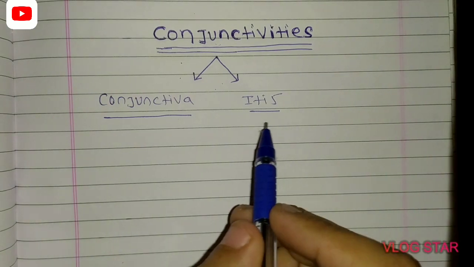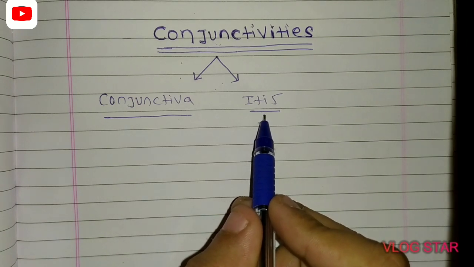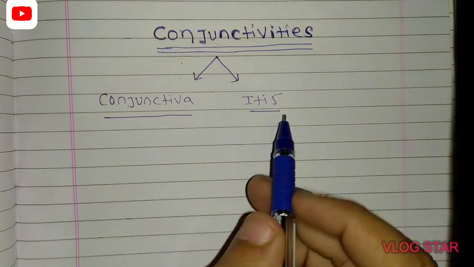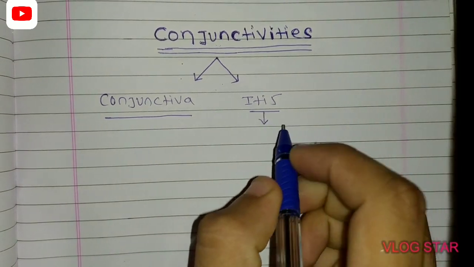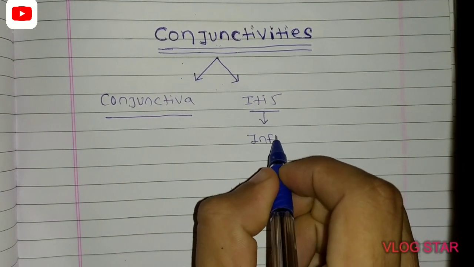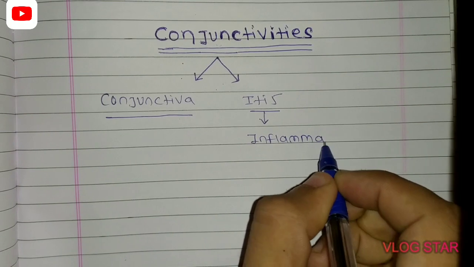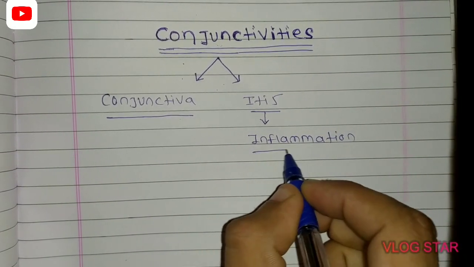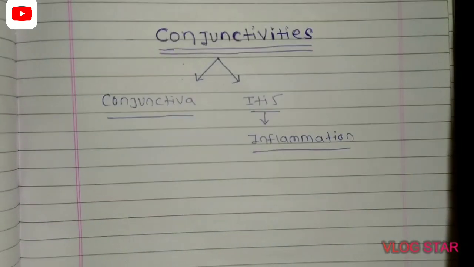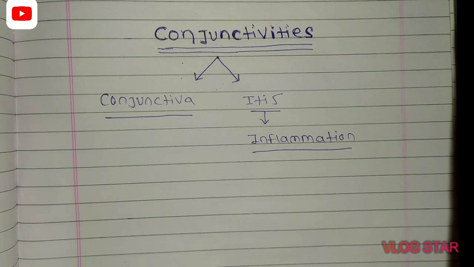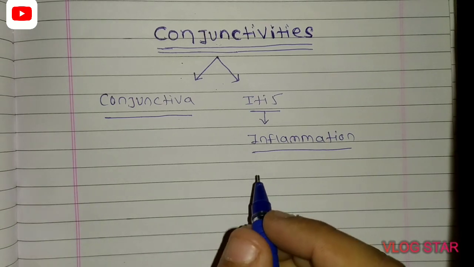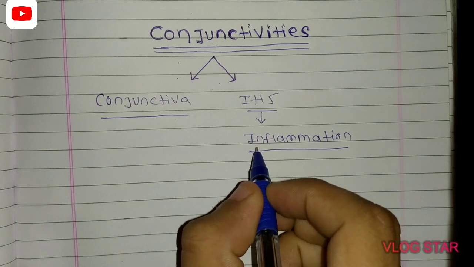The suffix itis itself indicates that it is inflammation. So simply, conjunctivitis is nothing but the inflammation of the conjunctiva.